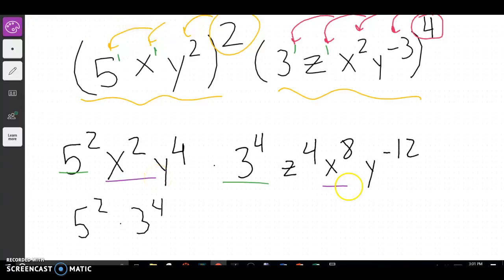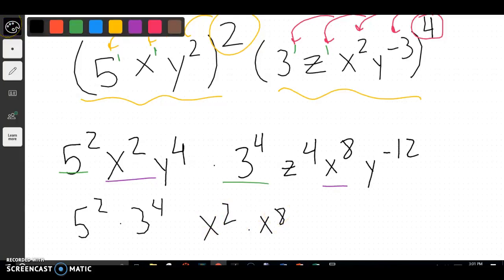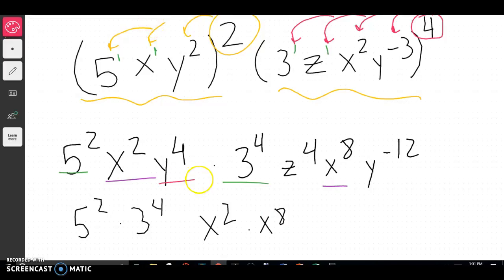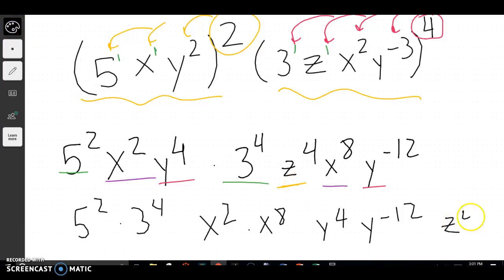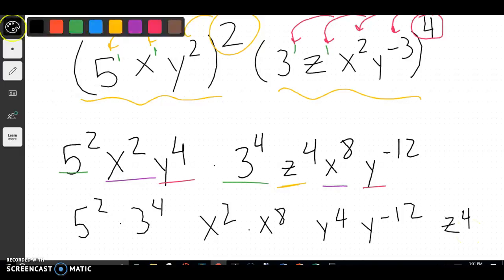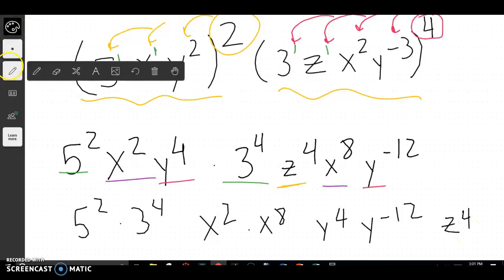So we would have x to the 2nd times x to the 8th, and then we'll get the y's together. So we have y to the 4th and y to the negative 12th. And the last thing that we'll get together is the z's, but we only have 1 z, so we'll just add that to the end. Let's do some of these things.